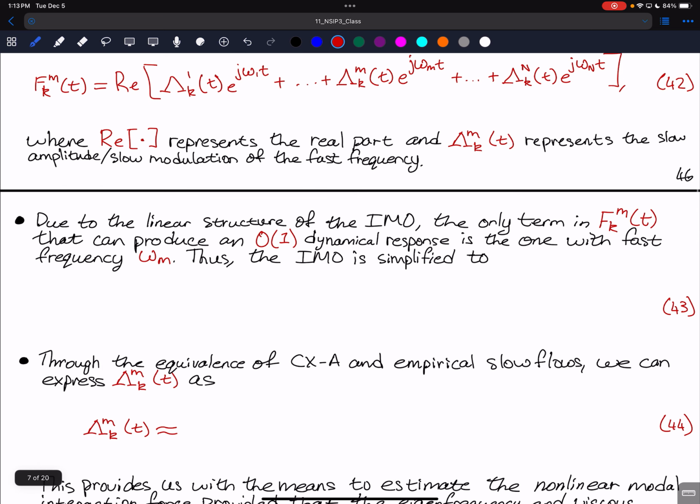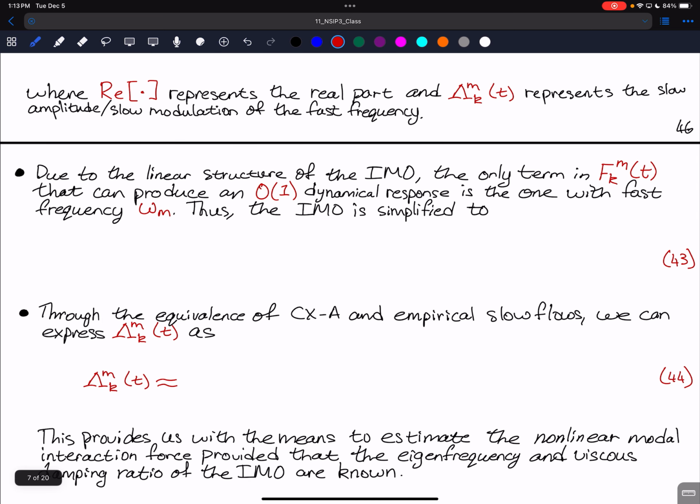And so as a result, we can simplify this down to x double dot_km plus 2 zeta_km times omega_m x dot_km plus omega_m squared x_km, which is approximately equal to the real value of lambda_km, a function of time, times e to the j omega_m t.